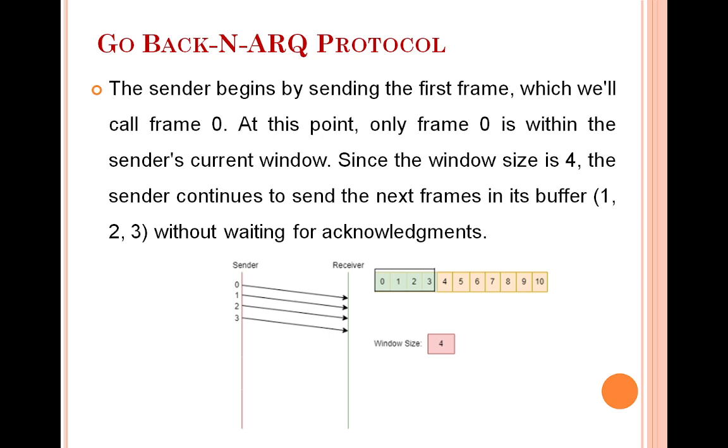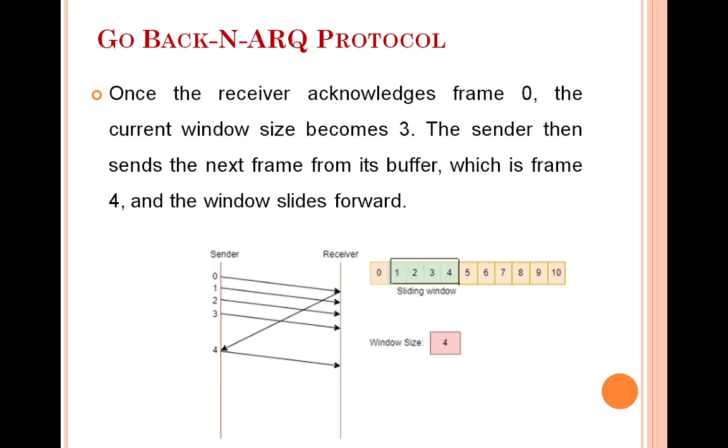Now you can read this content. Go back N ARQ technique. We are sending all the data frames, 4 data frames, 0 1 2 3. After getting the acknowledgement for data frame 0, the sender sends the next frame from its buffer area, which is frame 4.